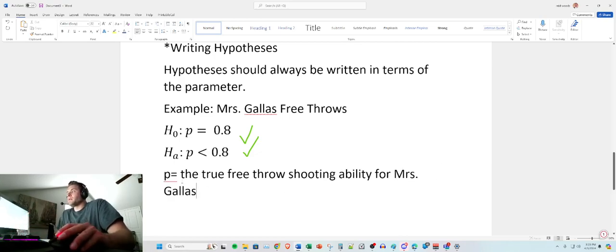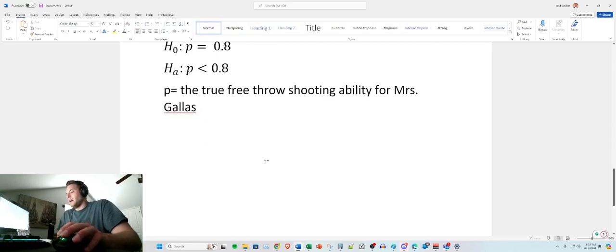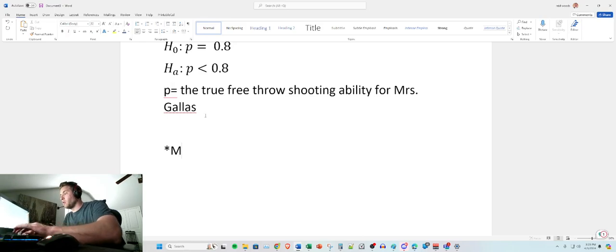So that's what this proportion is. So she said it was 0.8, and we think she's exaggerating. Okay. All right, cool. So we're going to write down a few more rules. So put a little star, more about hypothesis.